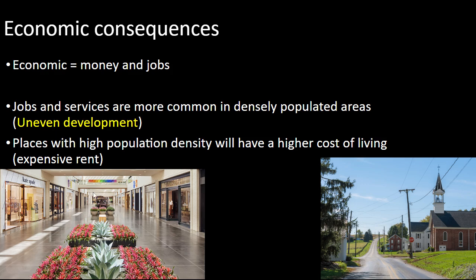Now, this creates something called uneven development, which is another concept you're going to see throughout this entire year. Uneven development means that not everything's fair. You're going to have a clustering of things in one area and compare that to another place that doesn't have any of it.